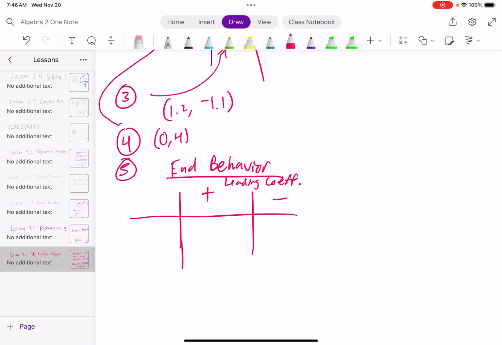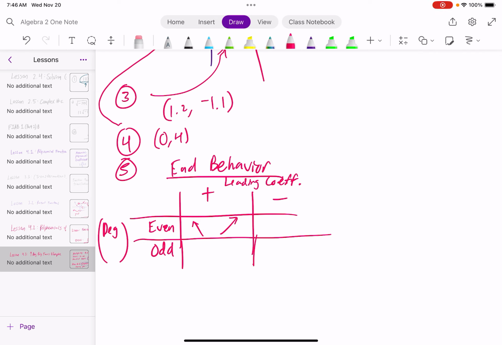We also have an even degree and an odd degree. It tells us this is what it looks like if it's even with the positive leading coefficient.